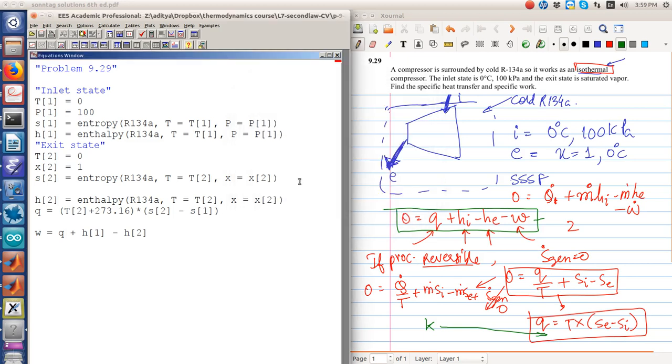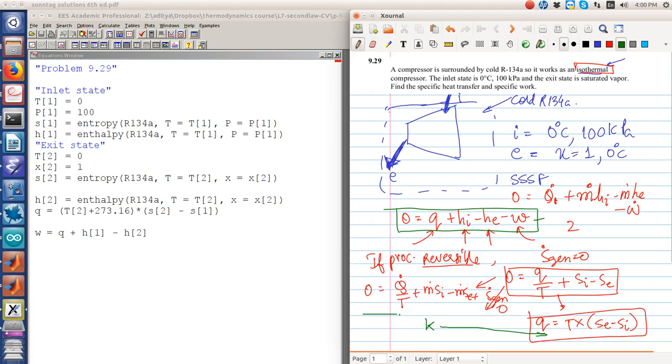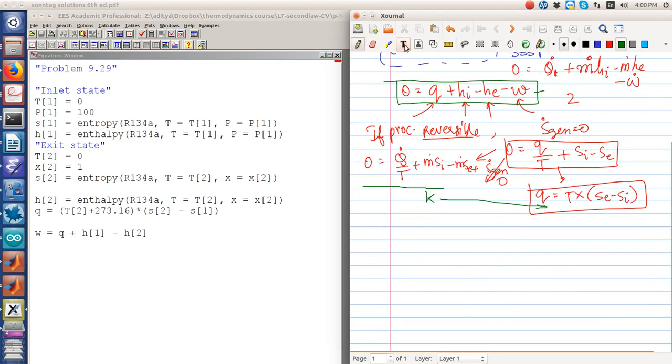It must be remembered that for processes which are isothermal, if nothing else is given, we can directly use the fact that if the process is reversible, the heat transfer is equal to T dS. That is easily derived using the second law of thermodynamics.